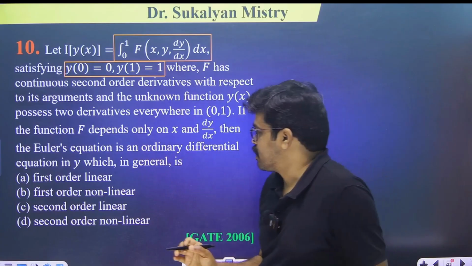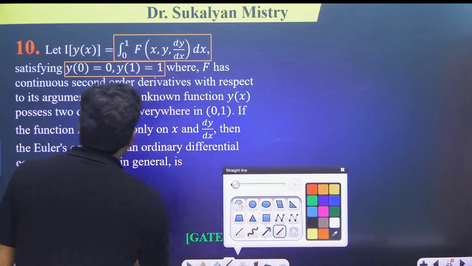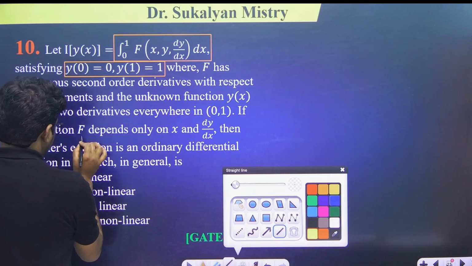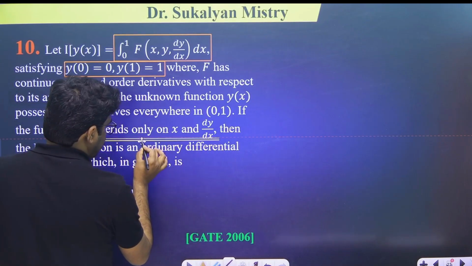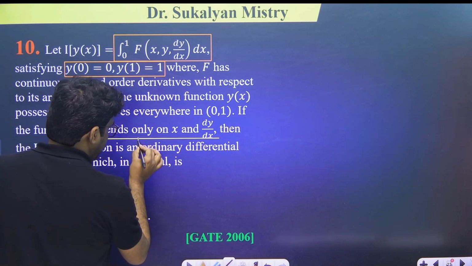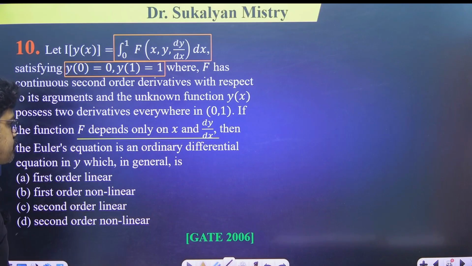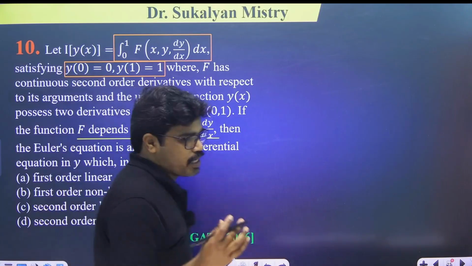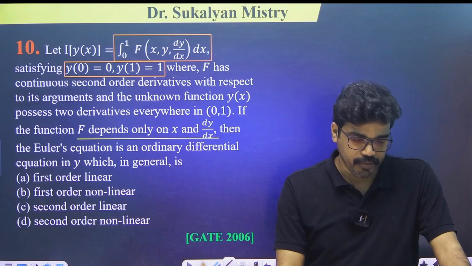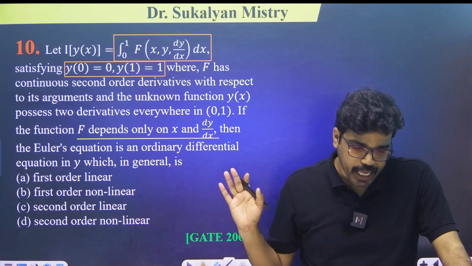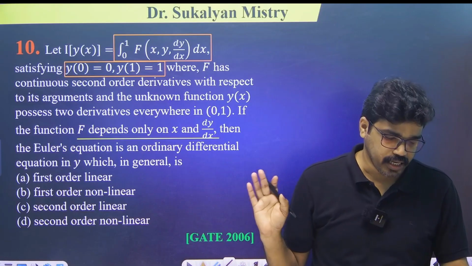If the function f depends only on x and dy/dx, that means here it is given that f is independent of y. It is given that f depends only on x and y dashed, right?